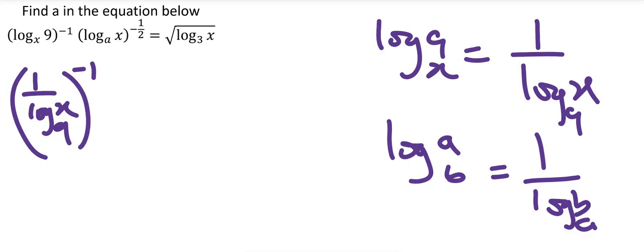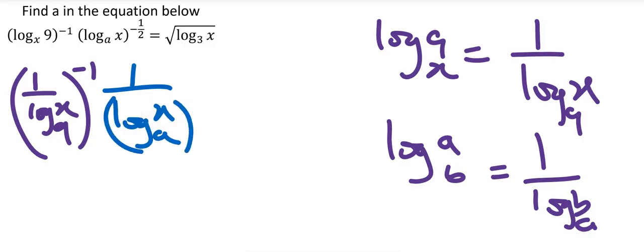Now, the middle part can be written as 1 over log x base a, to the power of 1 over 2.